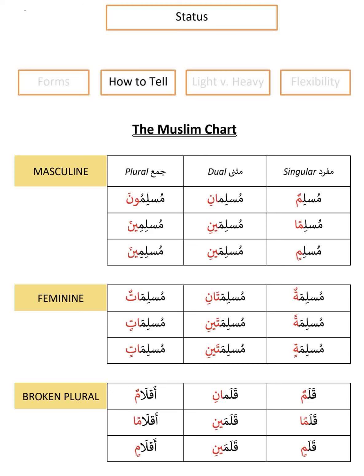The third chart is the broken plural chart, that we will learn in detail when we learn the plural. We are saying ism has four properties, one is status, then number. When we learn number, we will learn what this broken plural is. It's too early to explain the concept here.